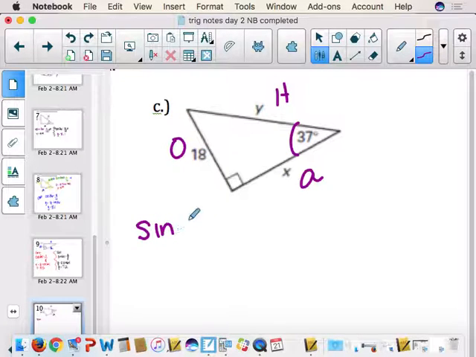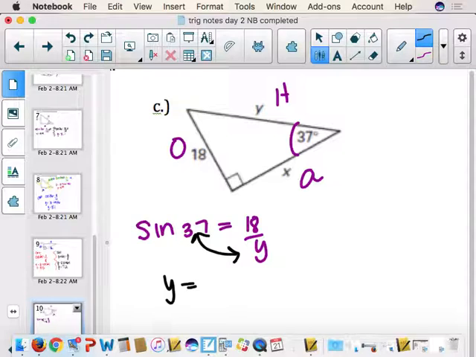Sine. Good. We're going to use sine of 37 to find y. So sine of 37 would equal 18 over y. And again, the variable's in the bottom, so we're going to swap them.